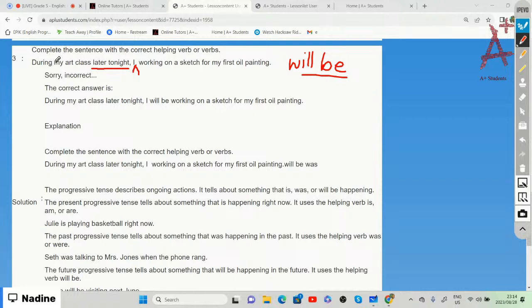And that helping verb basically shows something that is happening in the future, later tonight.